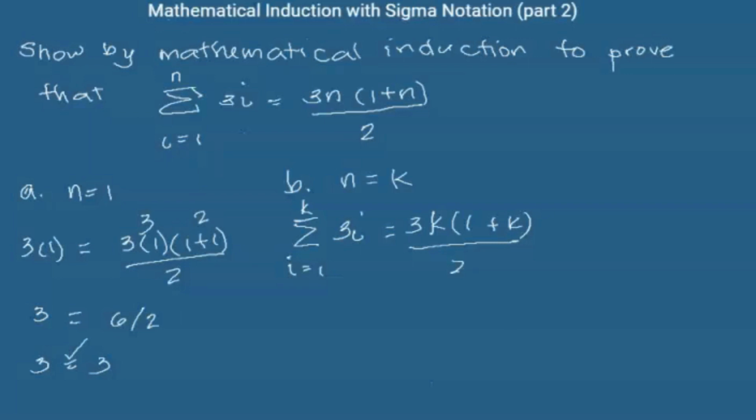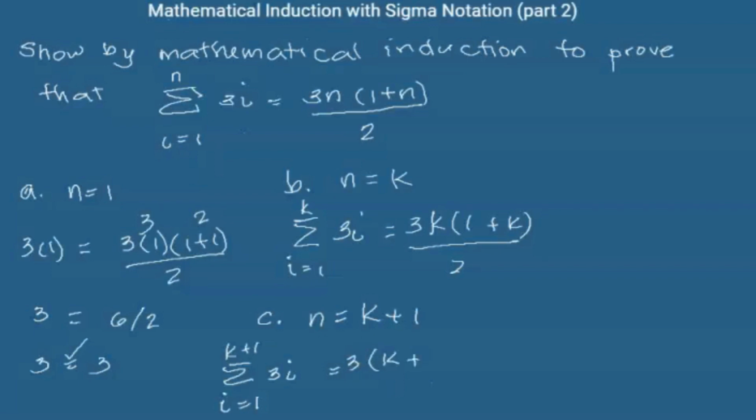And then the next step is to assume if n is equal to k, then it could be true when n is equal to k plus 1. So what will happen here is, the summation of 3i, i is from 1 to k plus 1 is equal to 3. Then let's substitute our n with k plus 1.